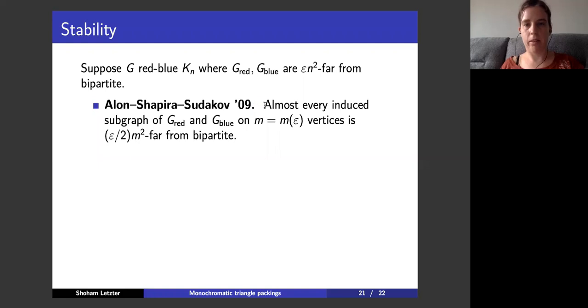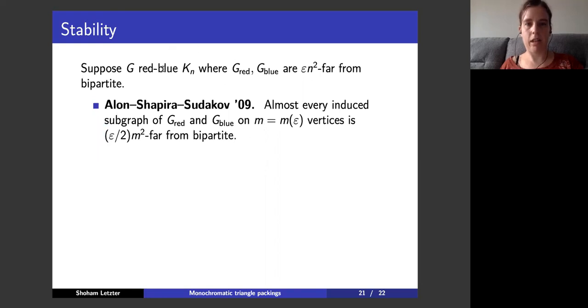What they proved in particular implies that if I look at a random induced subgraph of the red graph and the blue graph on a large but constant number of vertices, then I will get with high probability something that is again quite far from being bipartite.